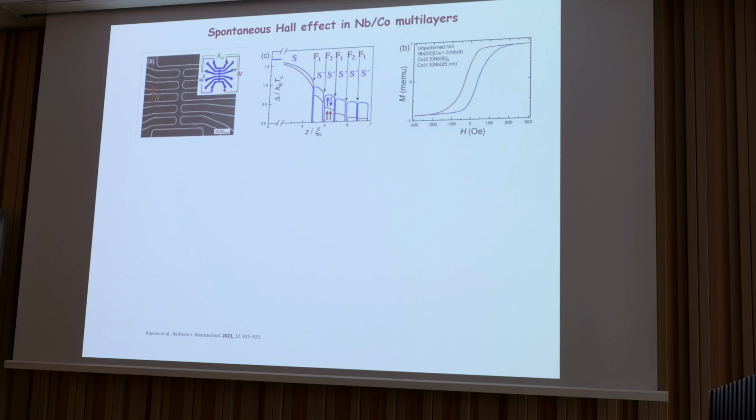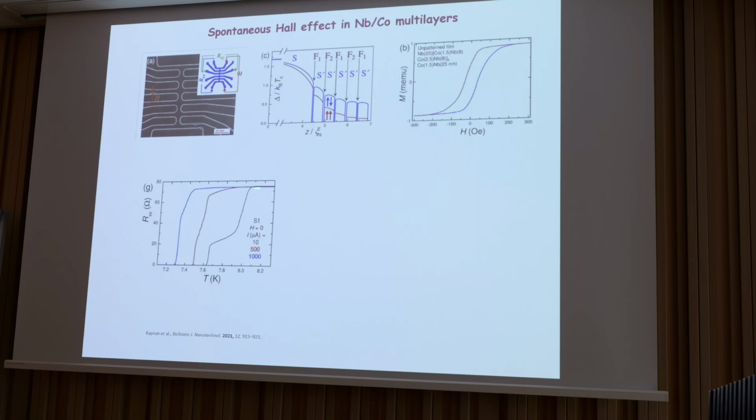What cobalt does is it only introduces texture, so linear defects, domains, which induce vortices and anti-vortices inside the material.